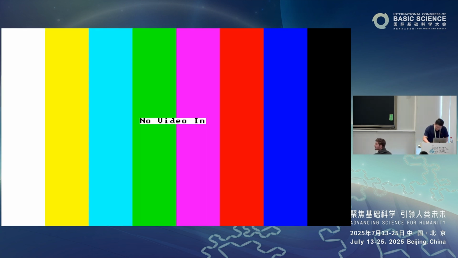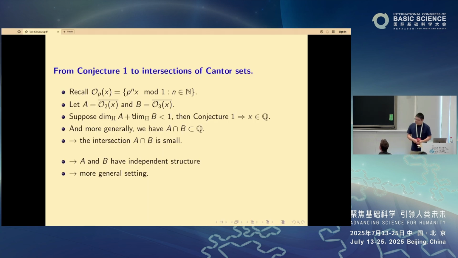Okay, sorry, forget about it. I tried to use the heuristic argument to relate it to these two conjectures, but it failed.